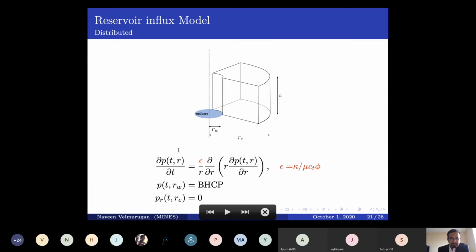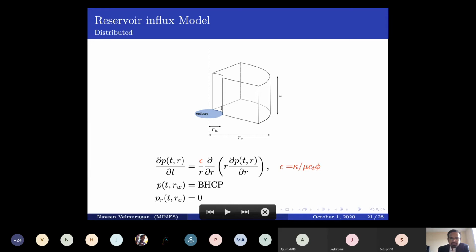It's the gradient at this particular wellbore-reservoir boundary at RW. RE is the reservoir extent that you're modeling, generally 100 meters or 200 meters, whichever you think is the right extent at which your pressure is not affected. Which means if you change the pressure at this side, it will slowly transport to the other side, and you will not receive it until maybe a few days or few months, right? So that's the point where you have to consider your RE, and PE is the pressure at this particular extent.